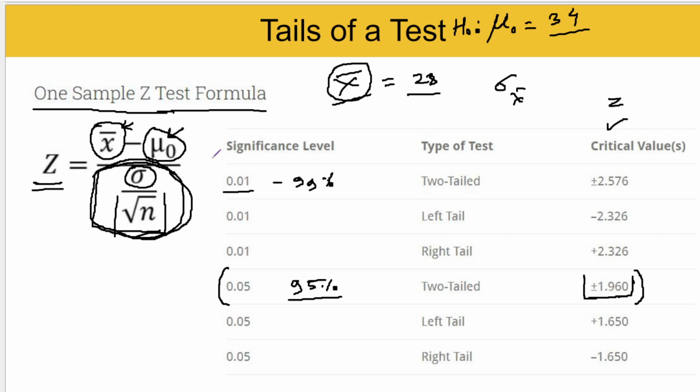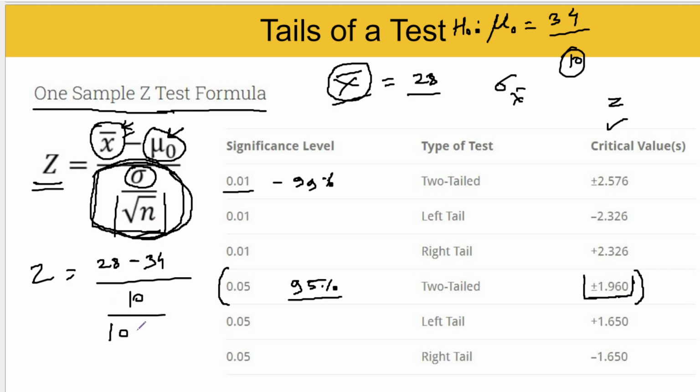Now we will do it very organically. Z is equal to 28, my sample mean, minus my hypothesis mean, which is 34, divided by the standard deviation, which we assume is 10, of the population, divided by the square root of how many samples you have selected.